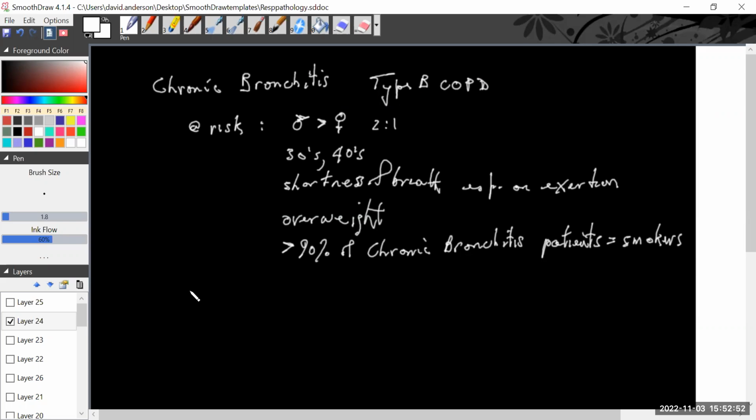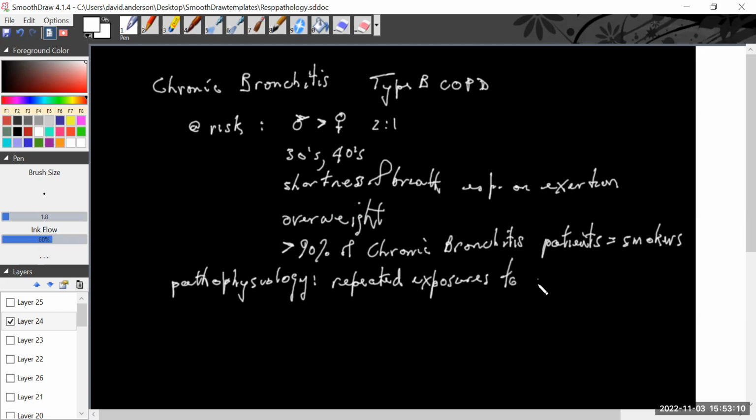And the pathophysiology is repeated exposures to what we generally would call respiratory irritants. So technically it can come from smog in the city.